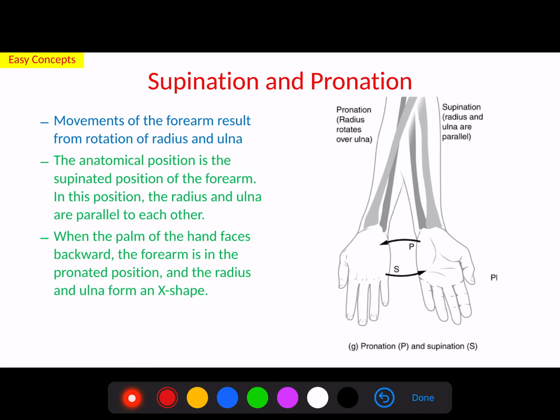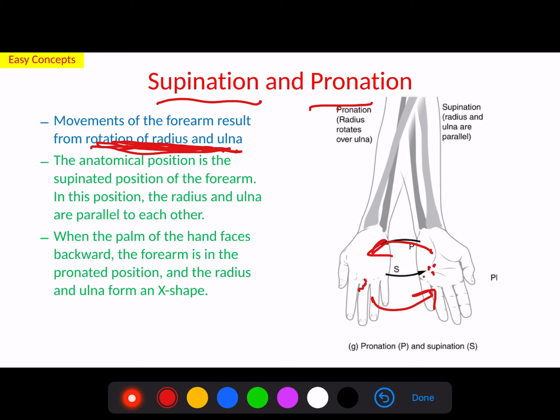So here, the movement of the palm between these two positions are called the supination and pronation. If you are in the anatomical position and you are flipping your hand, that is the pronation. If you are returning to the anatomical position, this is supination. Technically, these are kind of a rotation between the radius and the ulna. So here the movement is happening at the elbow, not at the shoulder.